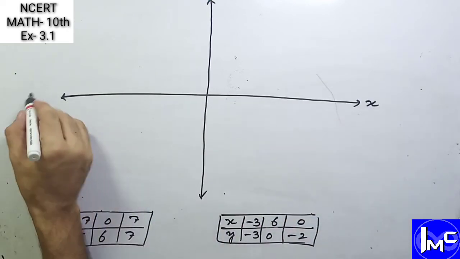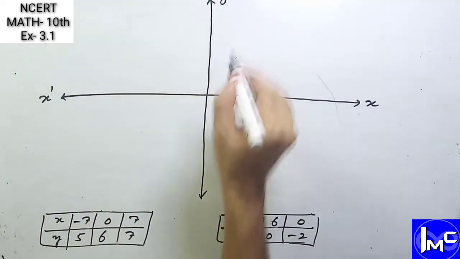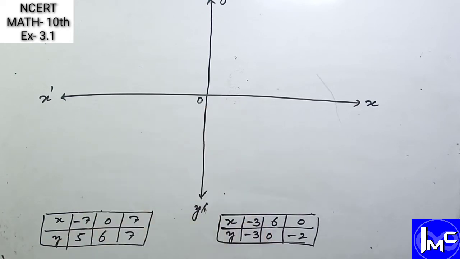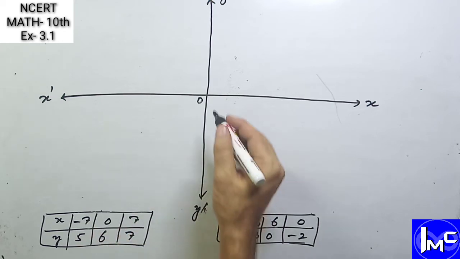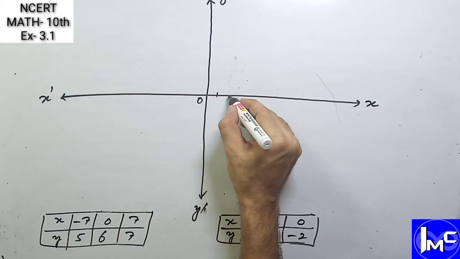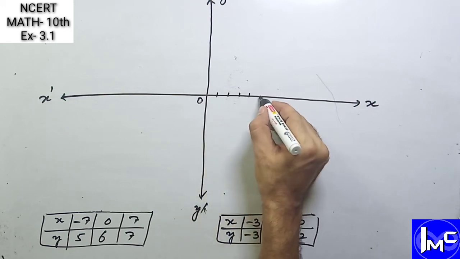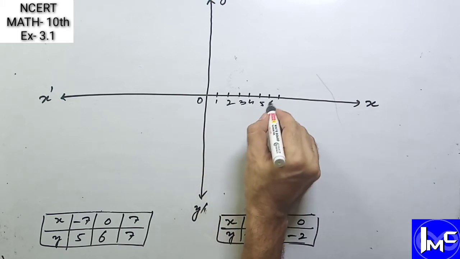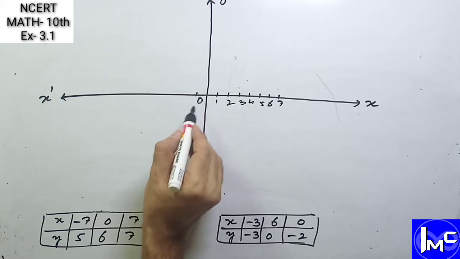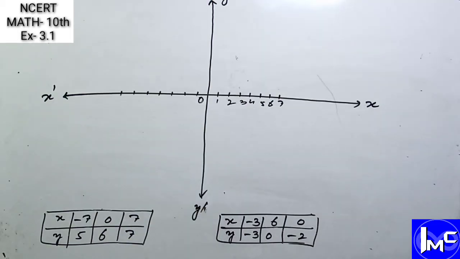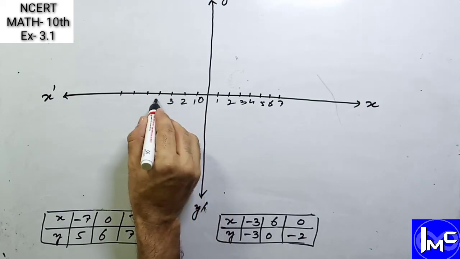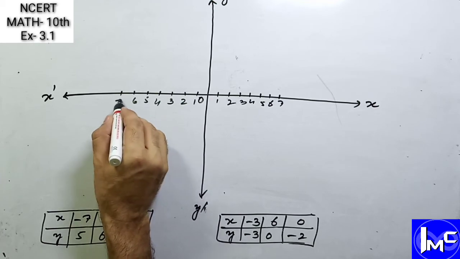This is x, this is x dash, y, y dash, and this is 0, and the maximum value among these two solution spaces is 7. So plot 7 equal marks on each side, 1 2 3 4 5 6 7. Similarly on this side 1 2 3 4 5 6 7.